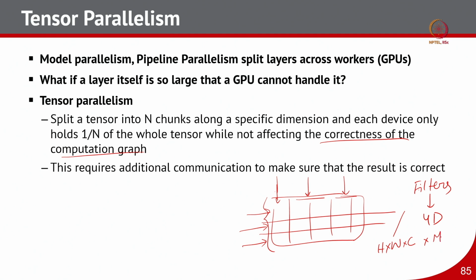Some number of filters can go to different GPUs. But it requires additional communication to make sure the results are correct. We can perform the computation of different filters at different GPUs, but to make the final output we have to gather all the computation.